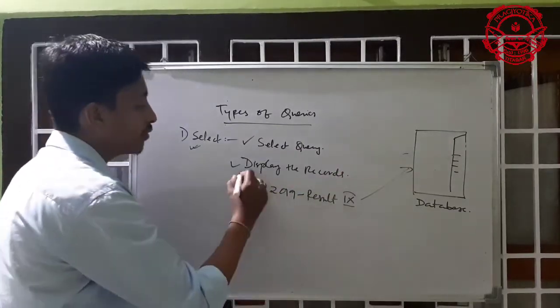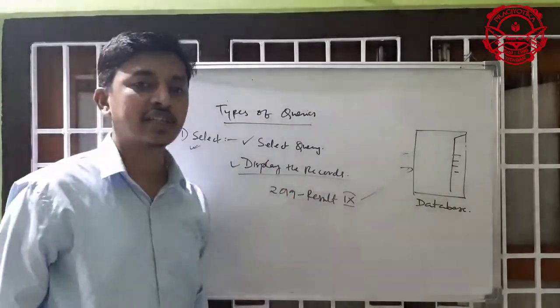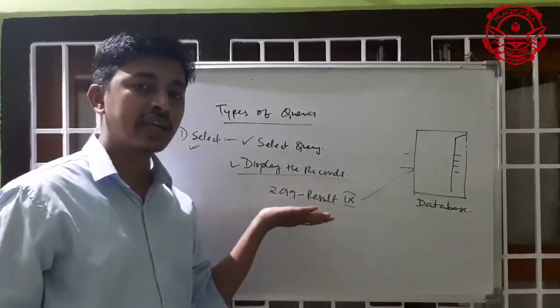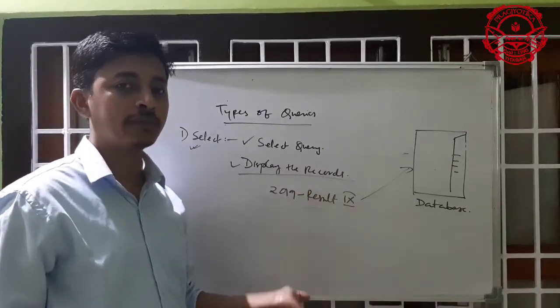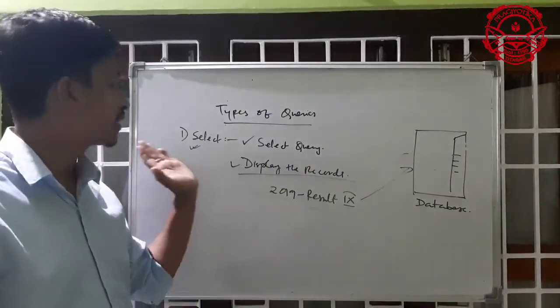After that it will display the records of all information, that is the result of 2019 class 9. I want the information of class 9, 2019 records, so that's why we have to use the select query.